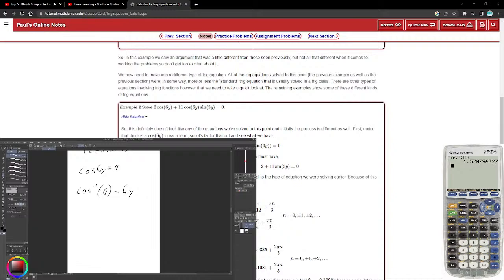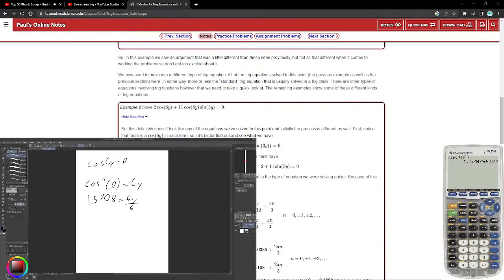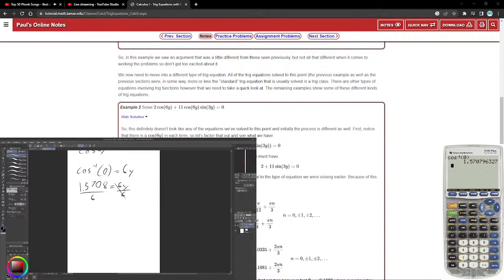Okay, never mind. 1.5708 equals 6y. Divide by 6 on both sides.